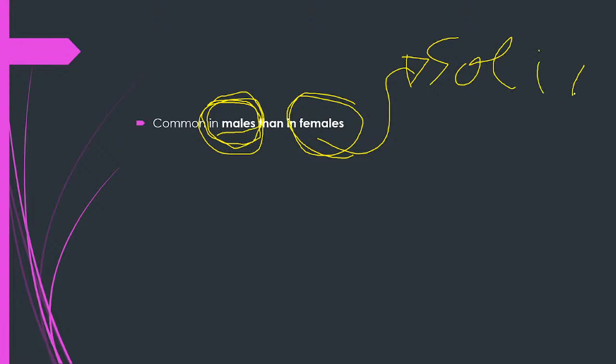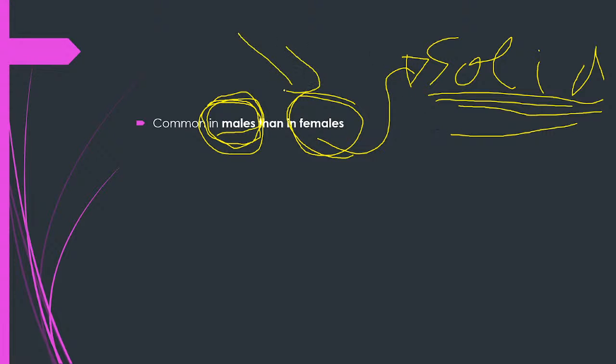Solid forms of neoplasia is common in females. Remember, we have a lot of cancers in our histopathology classes, and most of them the demographic is towards females. Okay, and for leukemia, it's actually common in males.